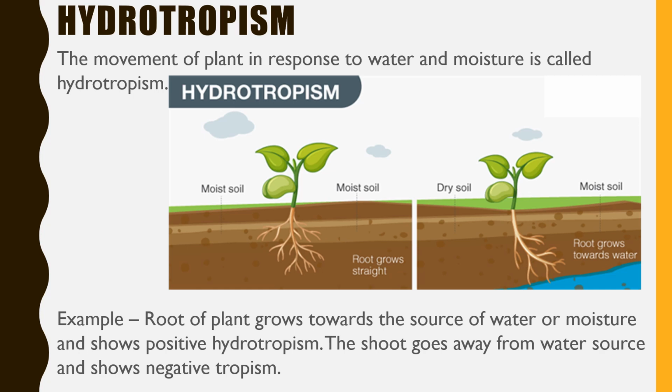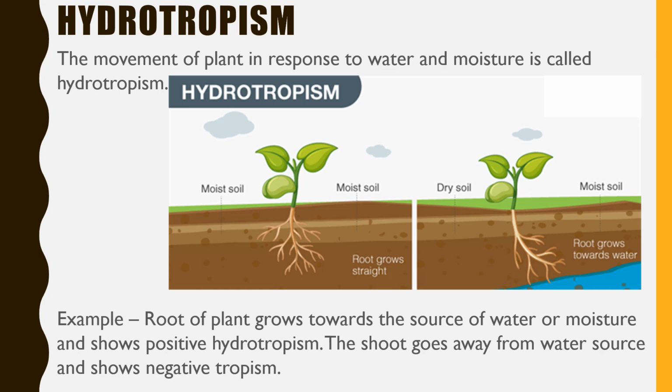Though roots normally grow downwards, in order to reach water they can grow sideways or even upwards also to get water. The roots grow in the direction of the source of water so as to obtain water for the developing plant. Since roots always grow or move towards water, therefore roots are positively hydrotropic.